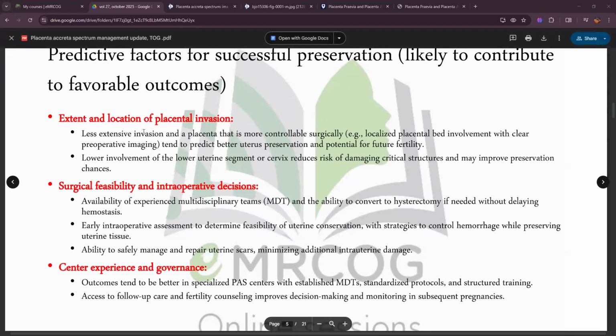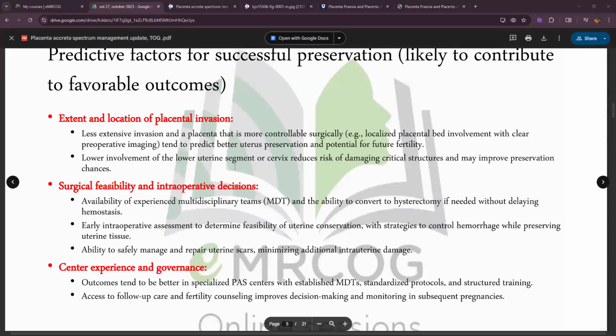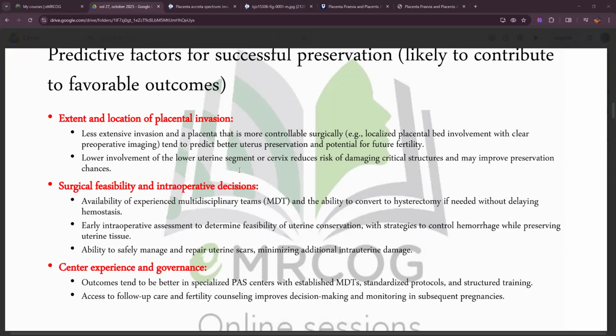Not only that, her placenta itself is also going to be a factor. What is the extent of invasion? This is very important, right? Because the deeper it is, the harder it is to preserve the uterus without high-risk complications. There are always going to be complications. But if the placenta is invading the bladder and the lower uterine segment or the cervix, this is very bad.